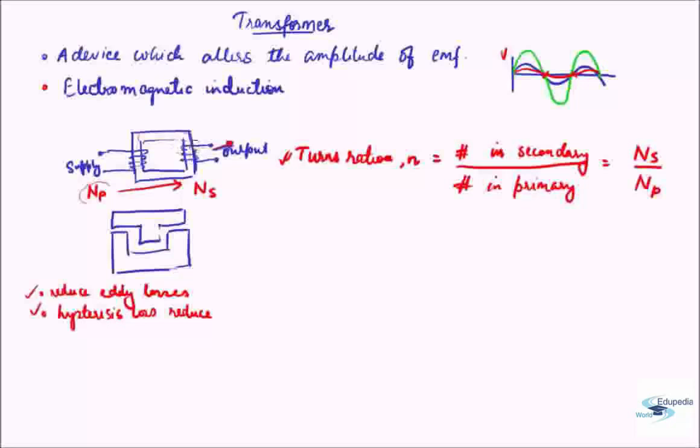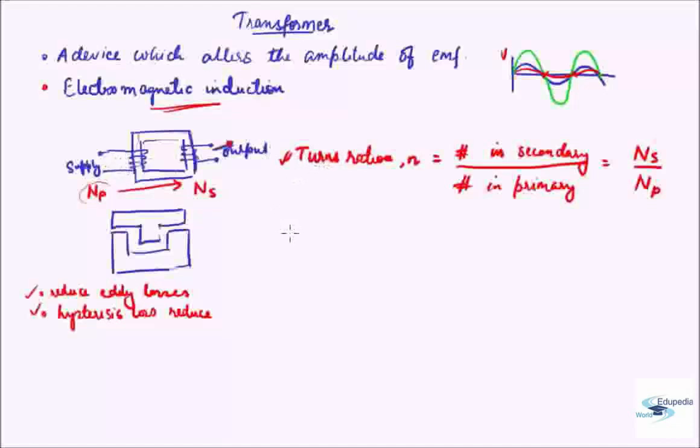As a result, EMF is developed on the secondary side because of the changing magnetic flux, right? So here comes into play electromagnetic induction. The changing magnetic flux in the primary side results in changed magnetic flux in the secondary side, resulting in induced EMF being generated.